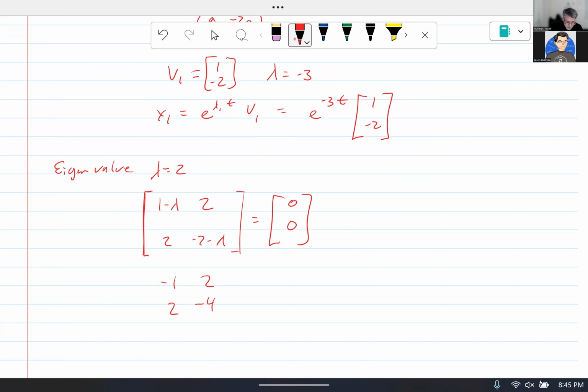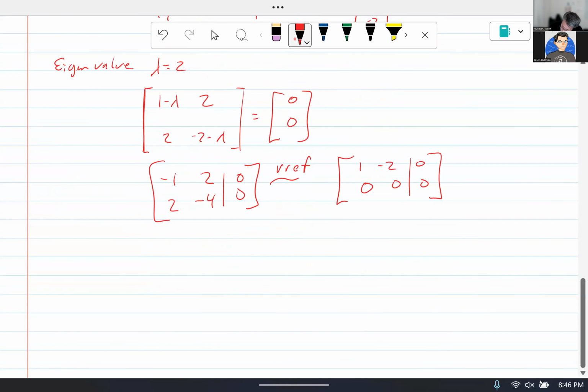And once again, augmented matrix, and we're going to RREF this, and this becomes 1, -2, 0, 0, 0, 0. Which tells me again that a times 1 minus 2b is equal to 0.